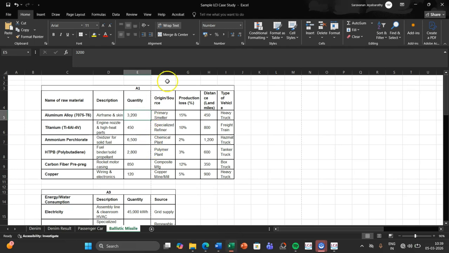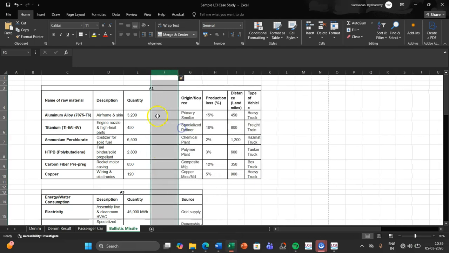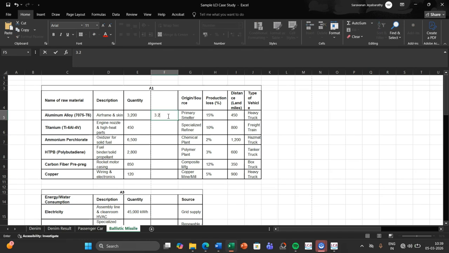Okay, then we shall convert the kgs into ton. 3.2.